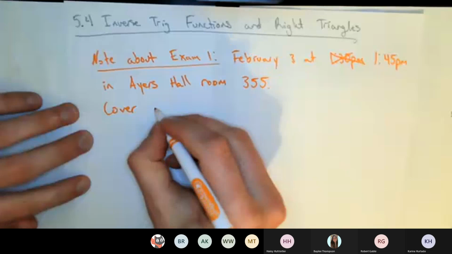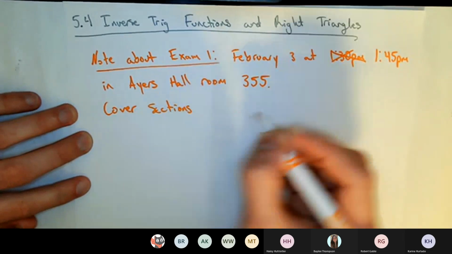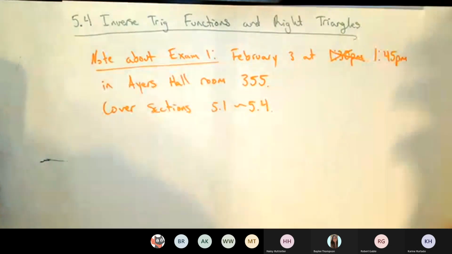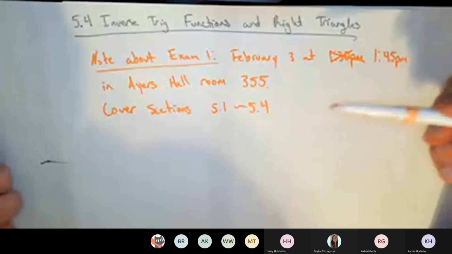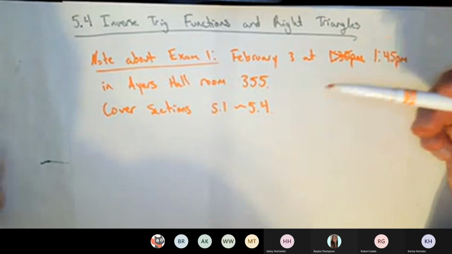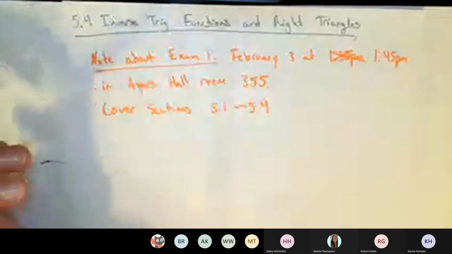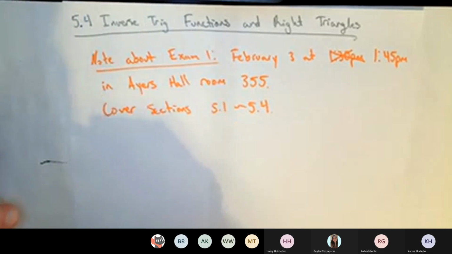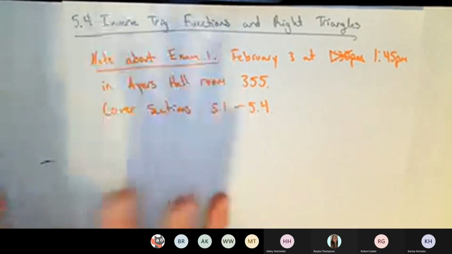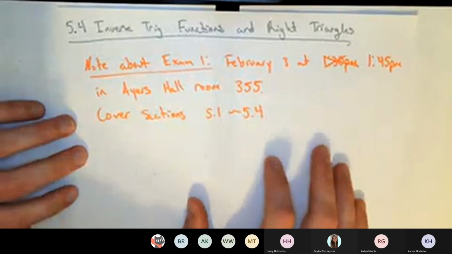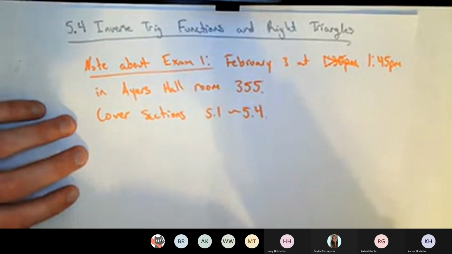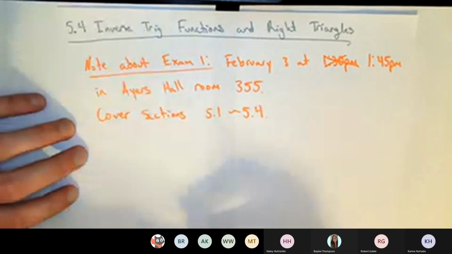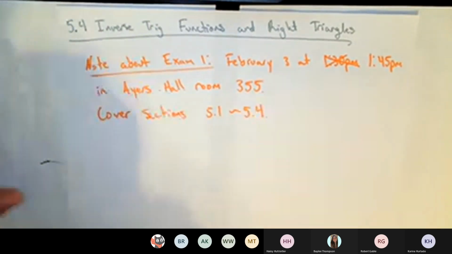So it's going to cover sections 5.1 through 5.4. Now what about the law of sines, which is section 5.5, and the law of cosines, which is section 5.6? We're still going to cover them, but since they can stand alone, I'm actually going to put them all the way at the back of the semester, probably.